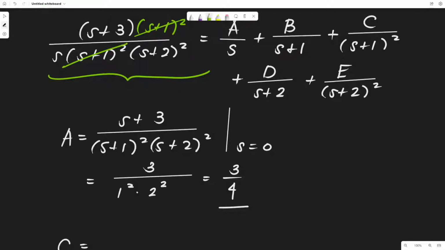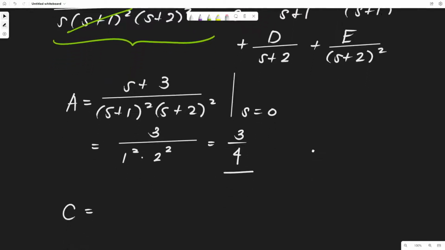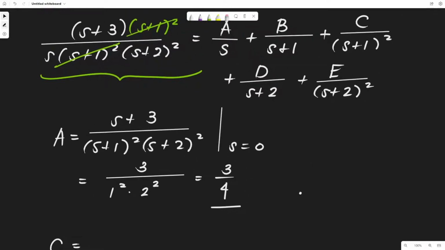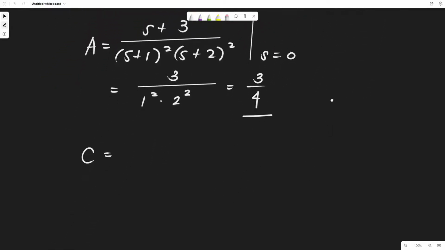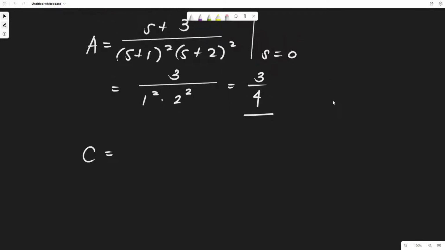Ayan, diba? So, therefore, C is equal to S plus 3 over S times S plus 2 squared.